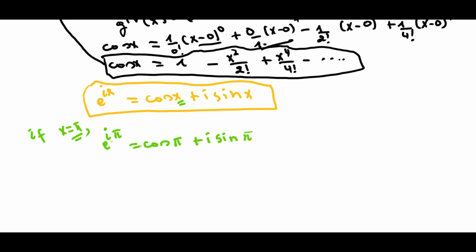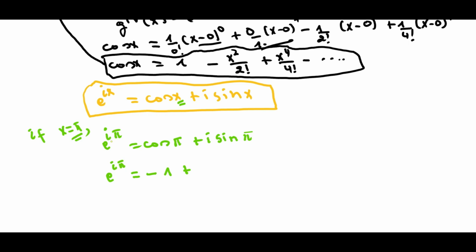Then we have that e power i pi is equal to cosine of pi, which is equal to what? Cosine of pi is equal to minus 1. Then plus i sine of pi.